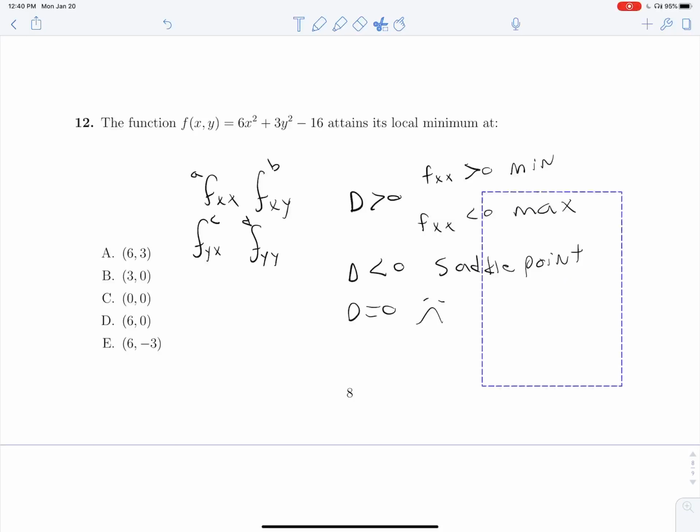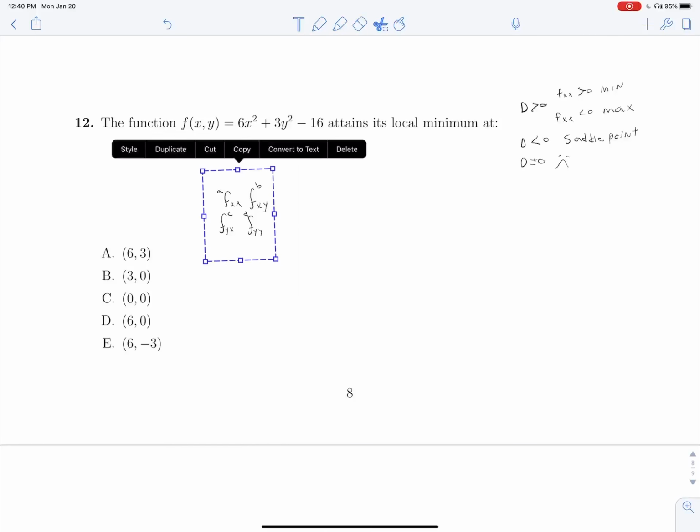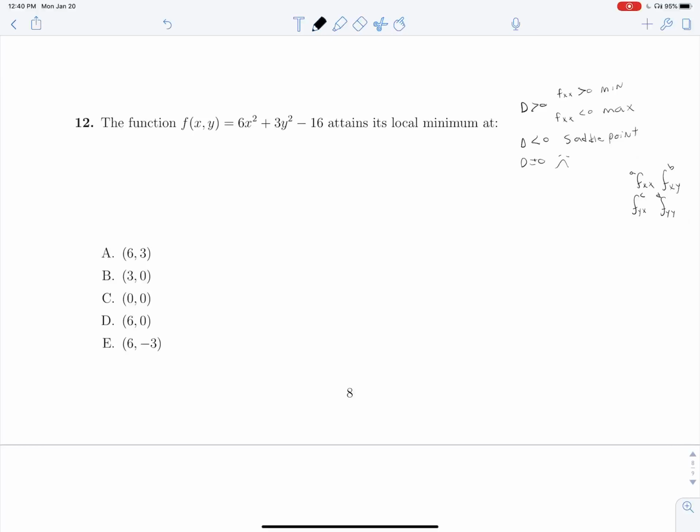Okay, I'm going to make these rules really tiny and put them up here. And also I'm going to put the matrix over here too, because we're going to need some space to find these guys. Fx and Fy are our first. To compute, we're going to get 12x and 6y over here.